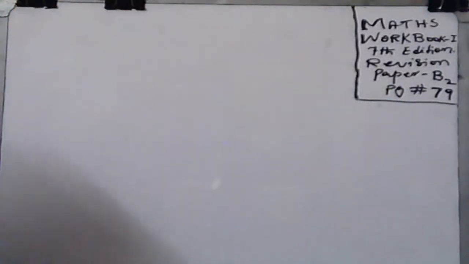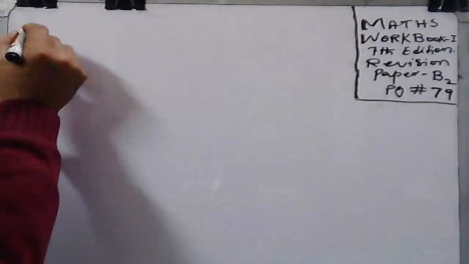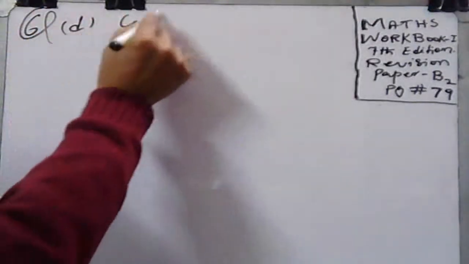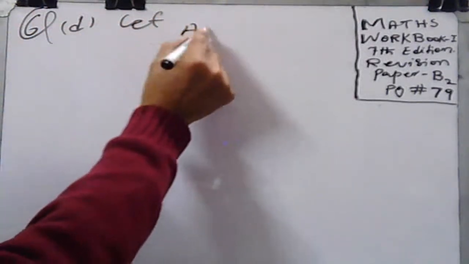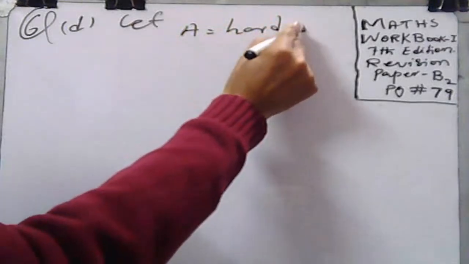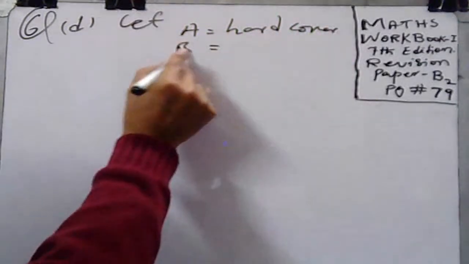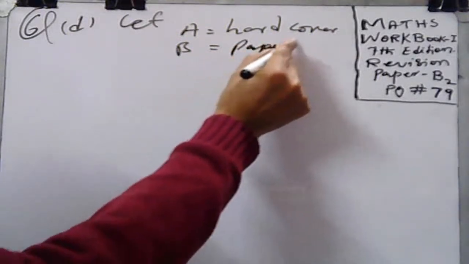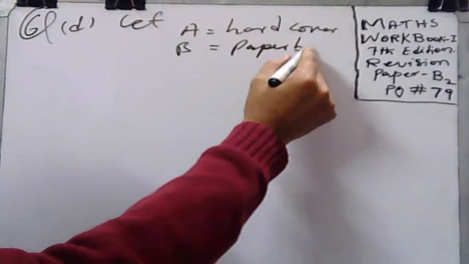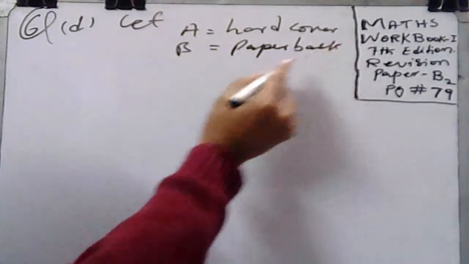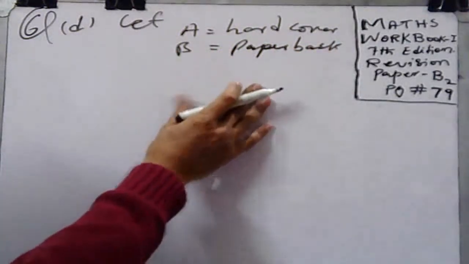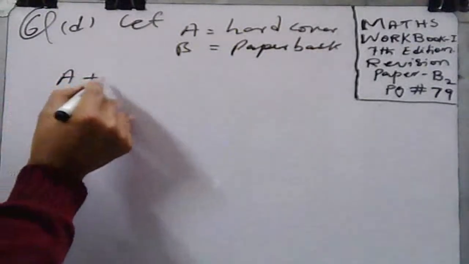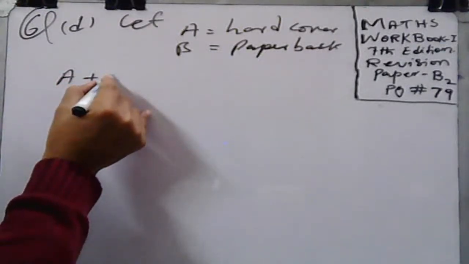For example, let us say that A is equal to hardcover books and B is paperback books. Since there are two types of books, hardcover and paperback, A plus B is equal to 50 books.